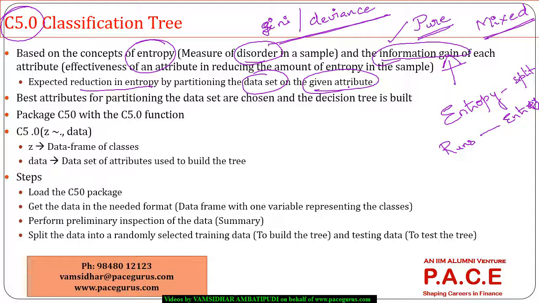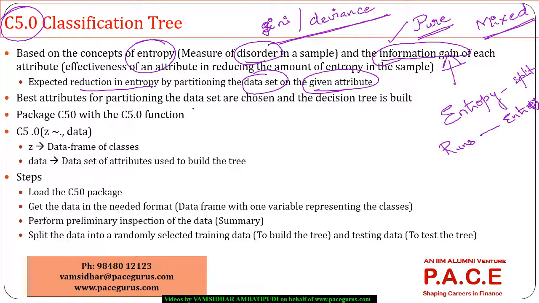But if the entropy does not come down at all, which means that particular variable can very well be ignored for doing the classification of the data. So that's how the reduction in the entropy, which is otherwise an information gain, can very well be looked at in terms of assessing the goodness of the classification tree.